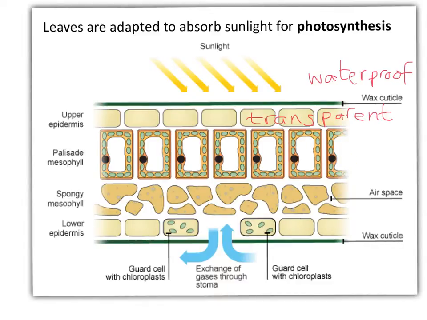Look again. What else can you see? We should be able to see that they are packed full of chloroplasts. And remember, those chloroplasts absorb sunlight for photosynthesis. So this layer is for photosynthesis.